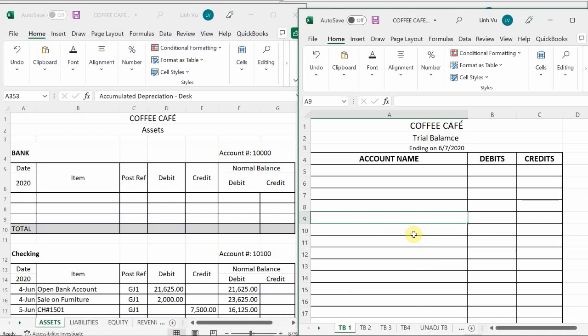However, yes, they do the same thing, because you are required to do an unadjusted trial balance at the end of the accounting period. But this is to help us along with our transactions, because if I can do this every single week, then I can guarantee the accuracy of my accounting a lot quicker and easier, because then I don't have to scroll through all the transactions to find where my discrepancy is.